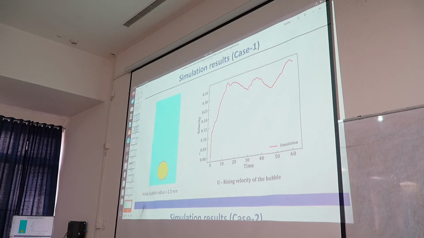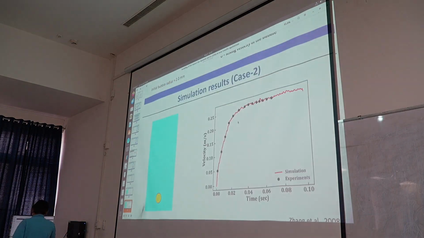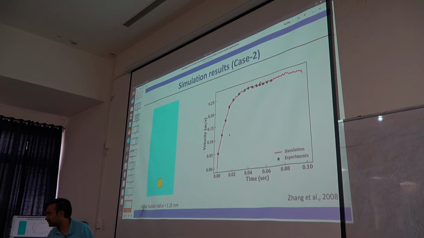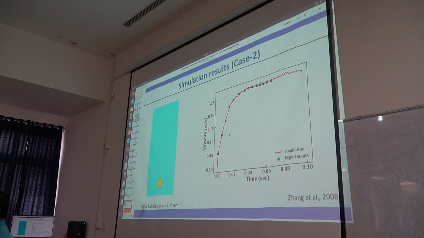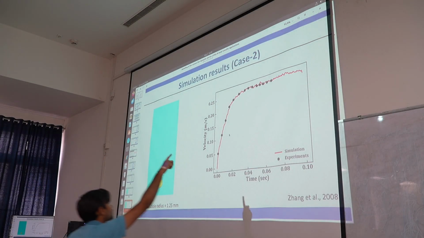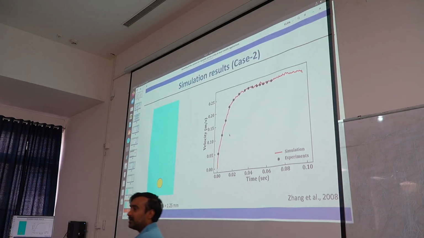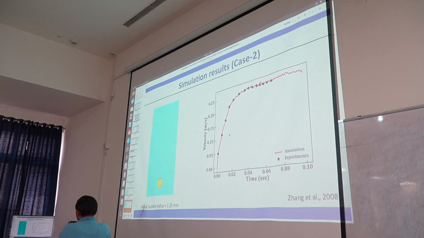Is this point clear? On the other hand, when the same simulation is started with a bit higher viscosity, you can see that the oscillations are actually less, because with more viscosity, interface oscillations will be less. Here the black points correspond to experimental data, and the red line corresponds to the simulation.